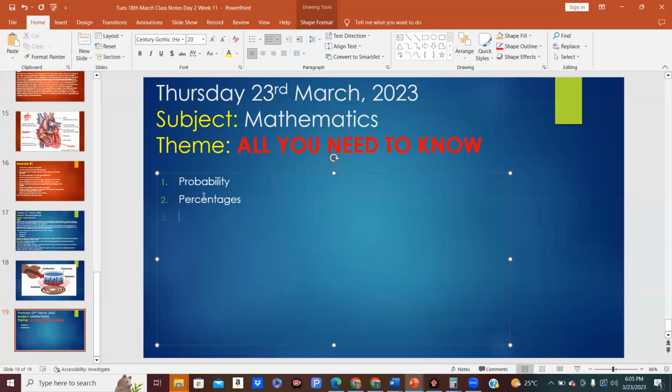After percentages, it was conversions. After conversions, it was order of operations. And currently we are on fractions. So that's a lot to cover in the space of 4 days. I'm glad of the progress that we've made.